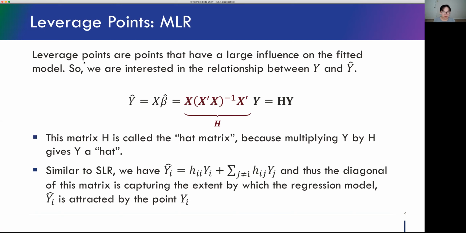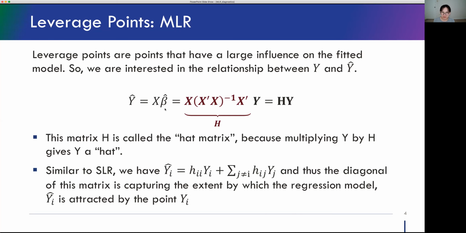Okay, and we will go over the leverage points again for multiple regression. Just a reminder that leverage points are the points that have a large influence on the fitted model. So it has some big effect on the model. We're interested in the relationship between y and y hat. Y hat is the fitted value equals X times your beta hat.